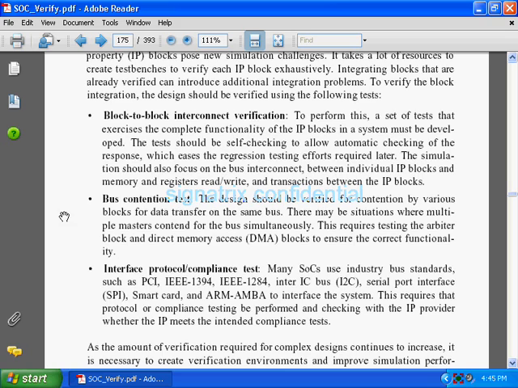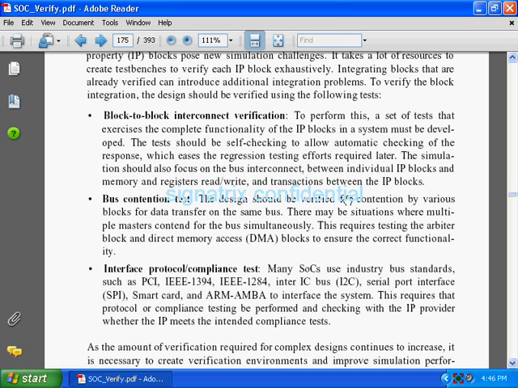The simulation should also focus on the bus interconnect between the individual IP blocks and memory, and register read write and transaction between the IP blocks. So when we are doing simulation, for individual IP blocks we have to concentrate on any memory we are using, register read write and transaction between the IP blocks. We have to keep all these things in mind when performing block to block interconnect verification.